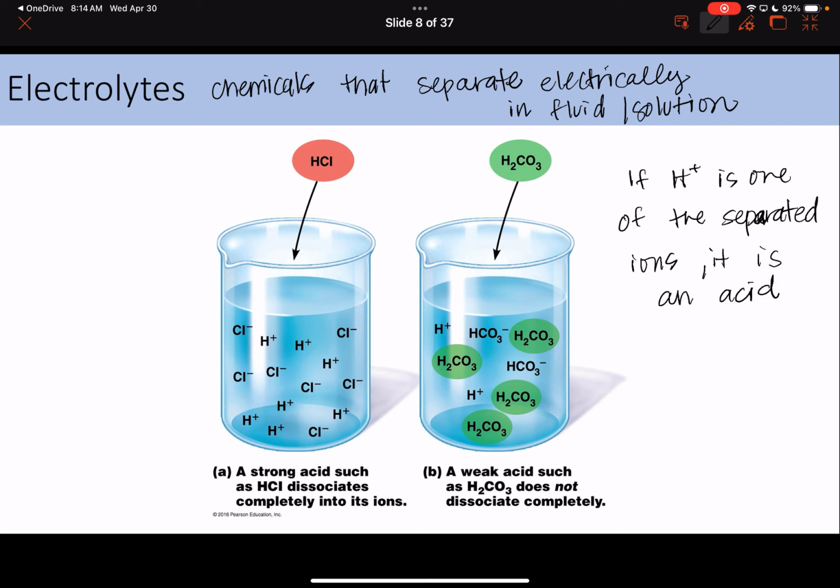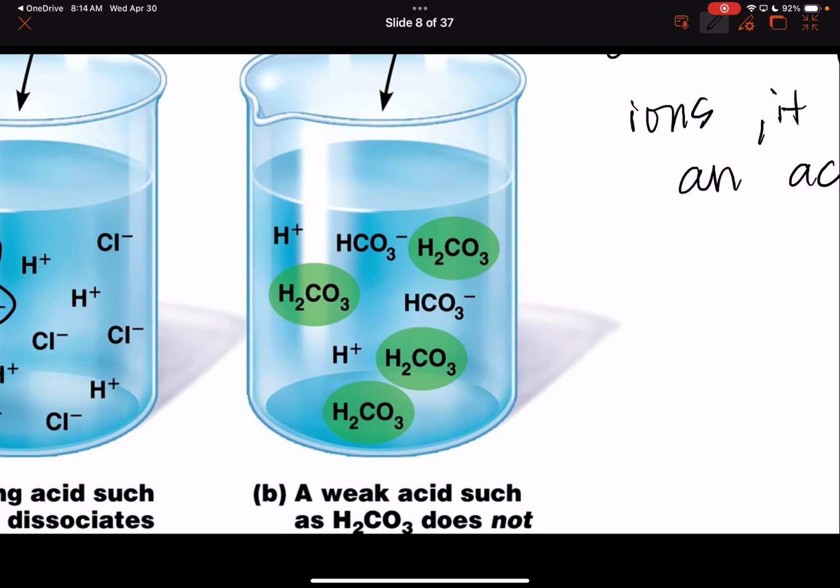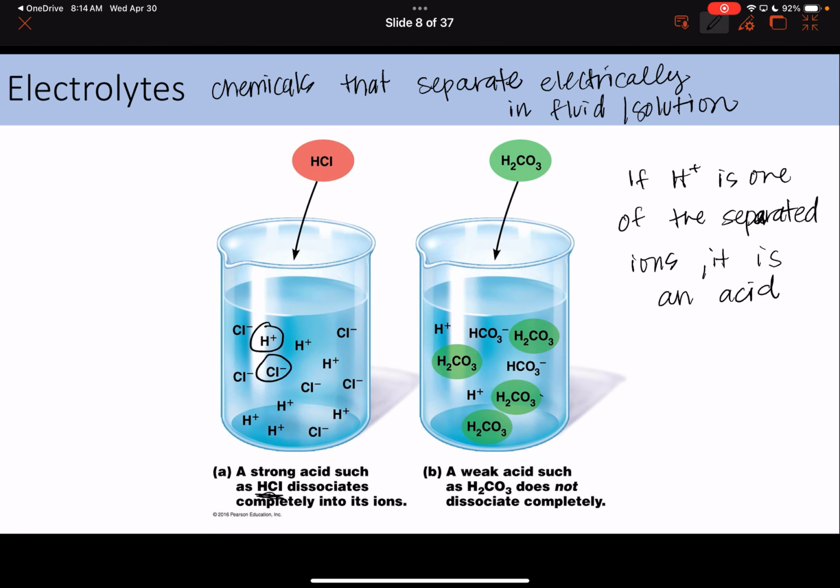And you should know the difference between a strong acid and a weak acid. So a strong acid is an acid that completely dissociates in solution. It gives away all of its hydrogen ions. So hydrochloric acid would be considered a strong acid because it's made up of hydrogen and chloride, and it completely separates when it's in solution. It's a hydrogen ion and a chloride ion. That is a strong acid. Carbonic acid, however, is a weak acid because it has two hydrogens, but when it splits into one hydrogen and then a bicarbonate ion, that keeps one of those hydrogens.